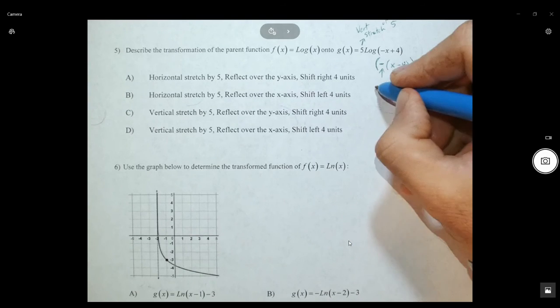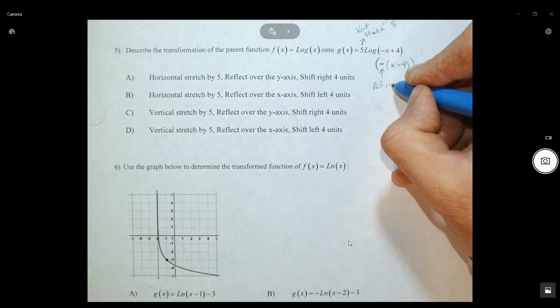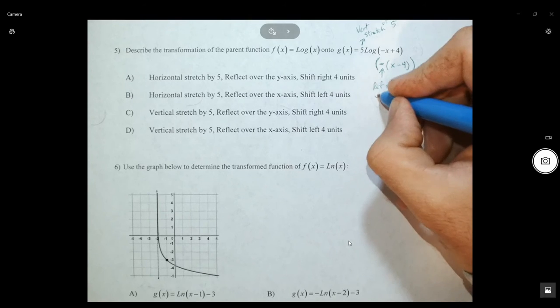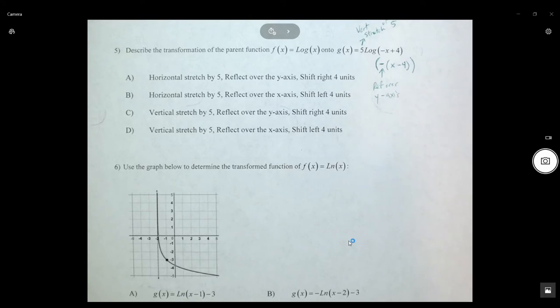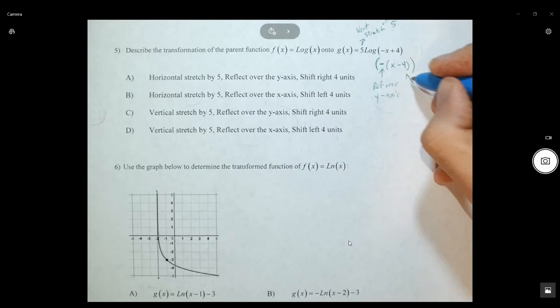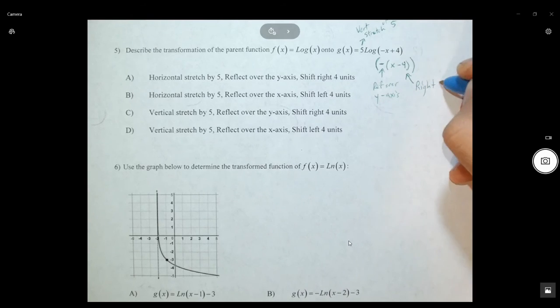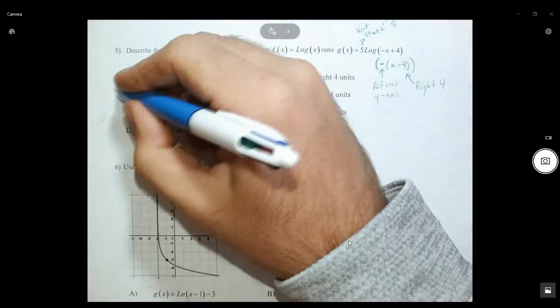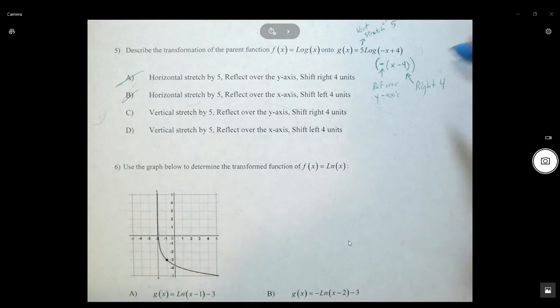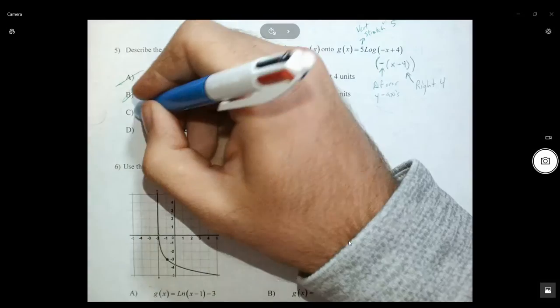This negative is a reflection over the y-axis, and this minus 4 is lying to us, so it is actually a right 4. Okay, so your answer here, you have a vertical stretch of 5, so that's going to get us C and D. We're going to reflect over y, and you're going to go right 4, so that's going to be C.